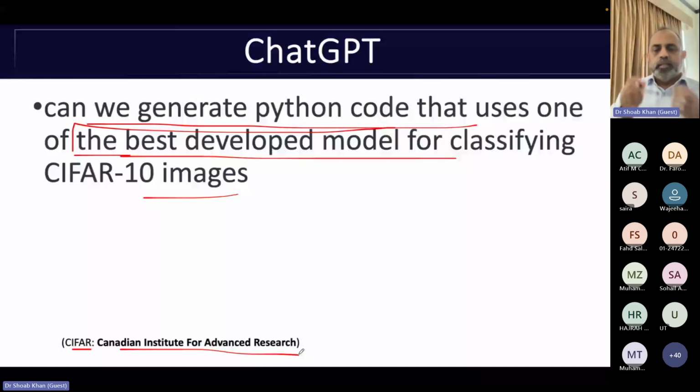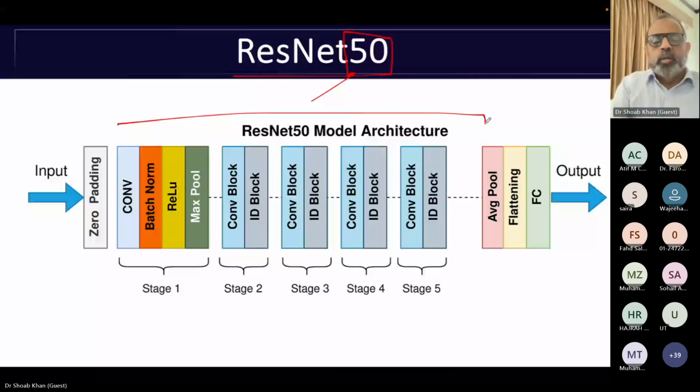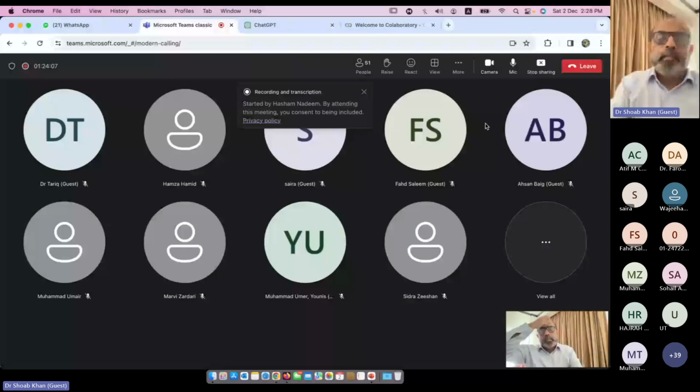So here I found out that ChatGPT has selected ResNet 50. The 50 signifies that there are going to be 50 of these layers, and we are going to learn about this today. Let me show you the code generated by ChatGPT. So here is the code.